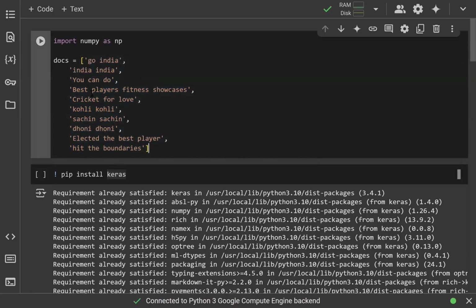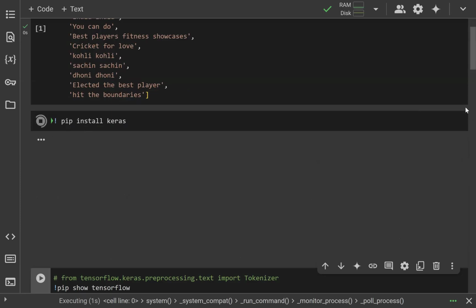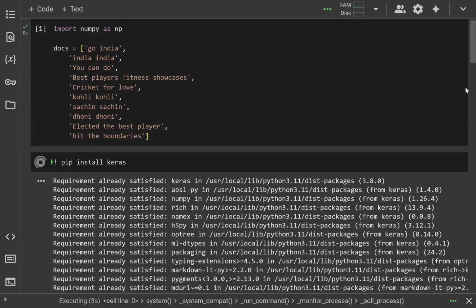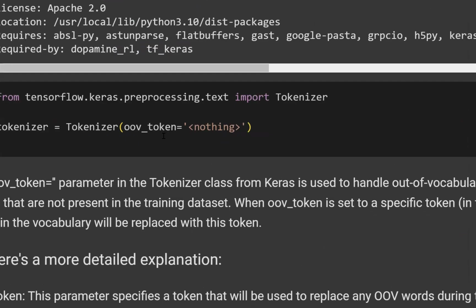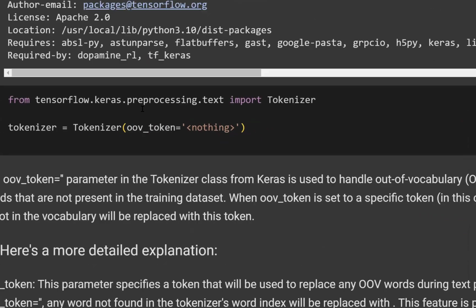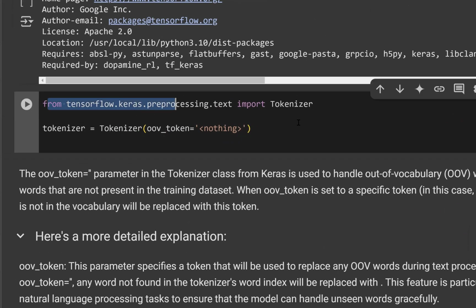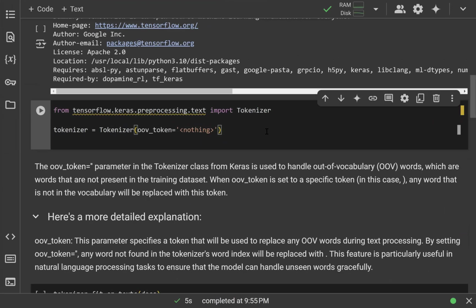Now we need to convert these words into numbers. How will that happen? TensorFlow is already installed. From tensorflow.keras.preprocessing.text, we are importing Tokenizer. What will the tokenizer do here? The tokenizer will take a sentence and break it into tokens.